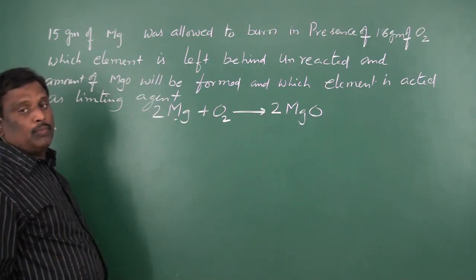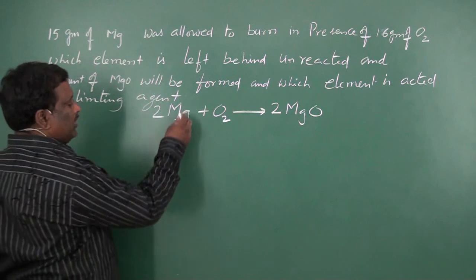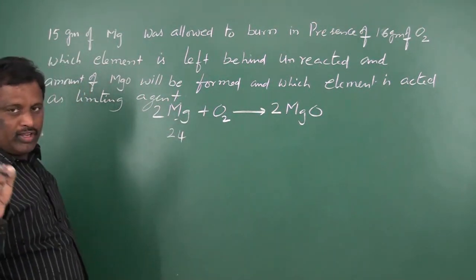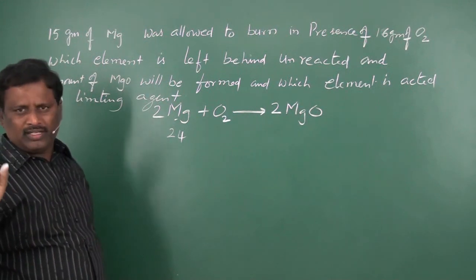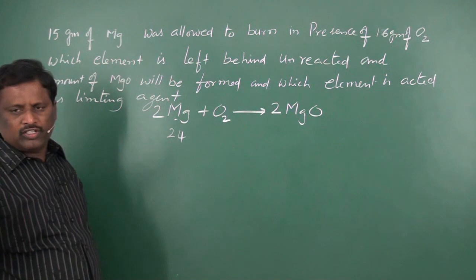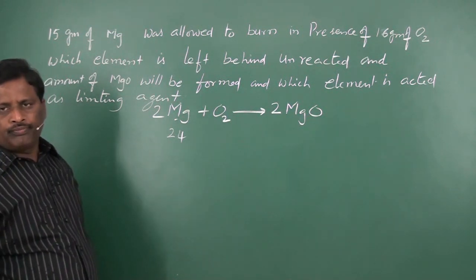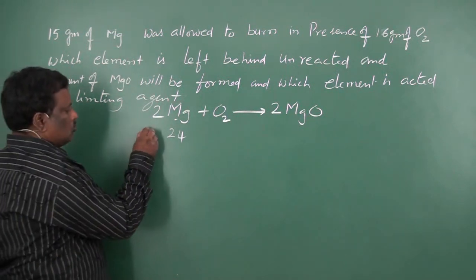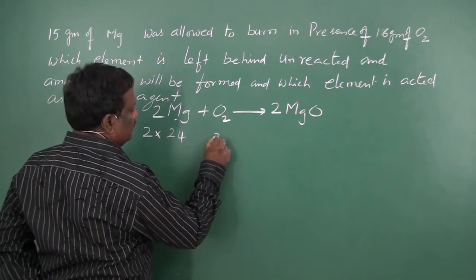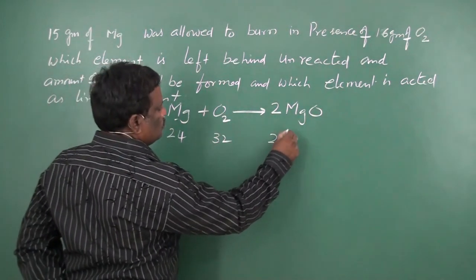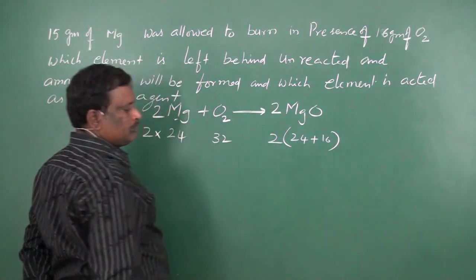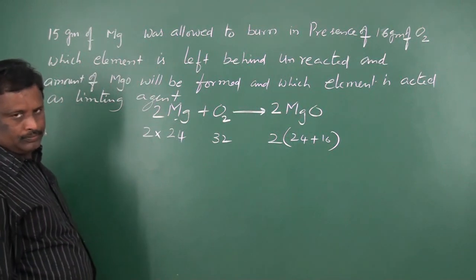Now, what are the proportions? The atomic weight of Mg is 24, because in your material we have already given the atomic numbers and atomic weights. If you check, you will get the atomic weight of magnesium. Now there are 2 magnesiums, so 2 into 24 units will react with 32 units to give 2 into (24 plus 16), that is 2 into 40.